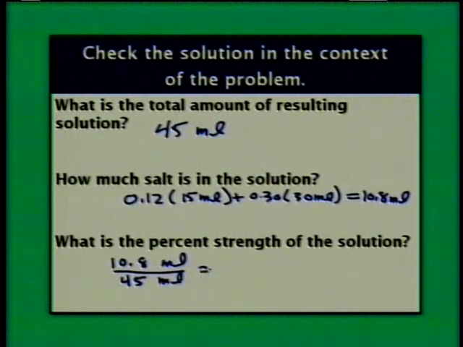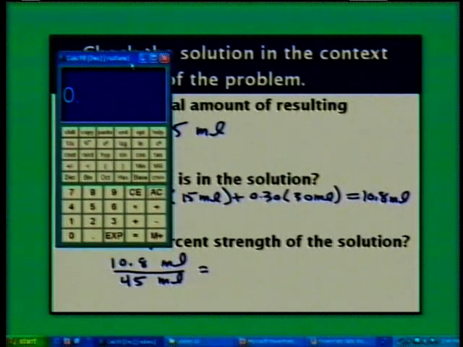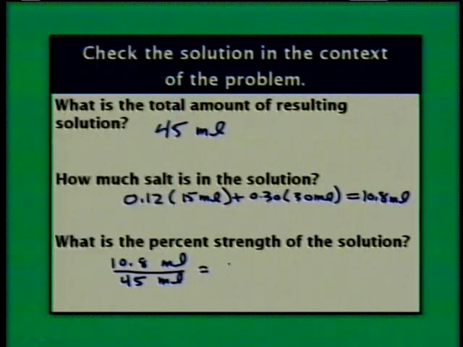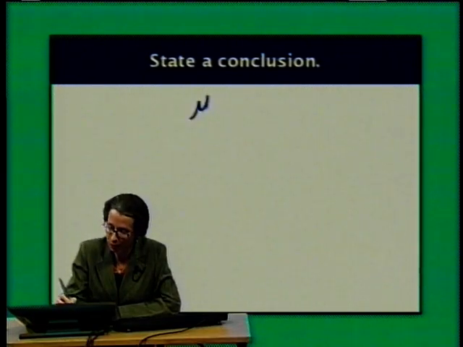And when I calculate this ratio, I should end up with the percent of 24%. So 10.8 divided by 45 equals 0.24, which is indeed 24%. So everything checks. So what can Marcus do now?